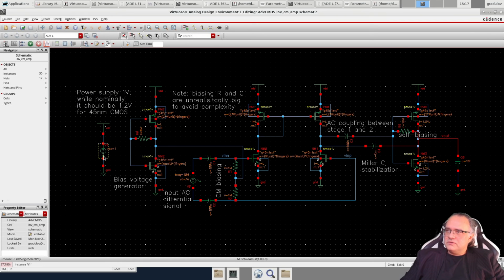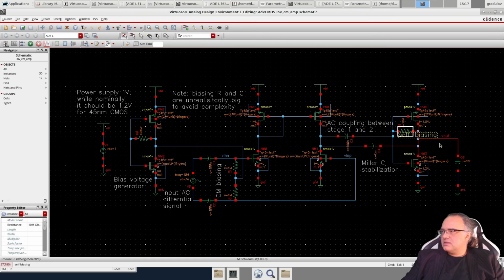So 1 volt, and we have the first stage here, which is a current mirror stage, current mirror OTA, and we realize gain here, and then we pass it to the second stage, which is AC coupled. This is a DC blocking capacitor, so that we can use our own biasing point for the second stage.